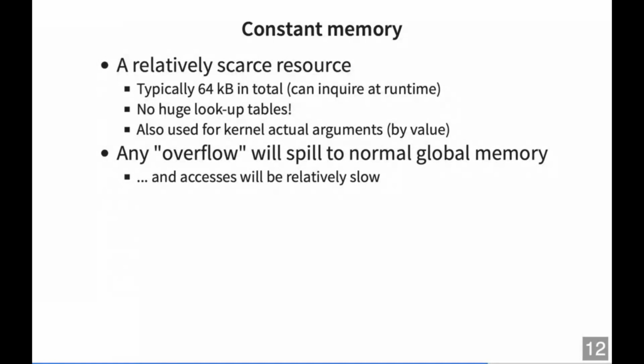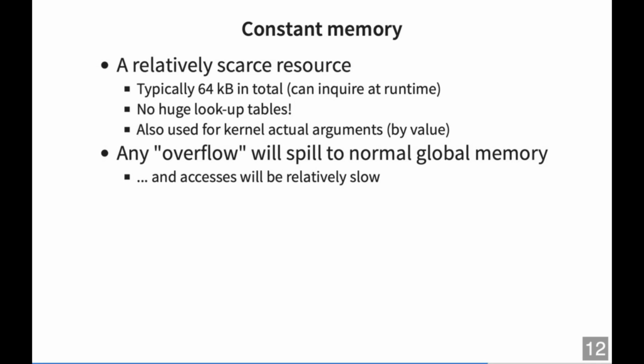So this is obviously not a place for huge lookup tables or anything of that nature, and it actually must also be available to accommodate the kernel actual arguments for your kernels.